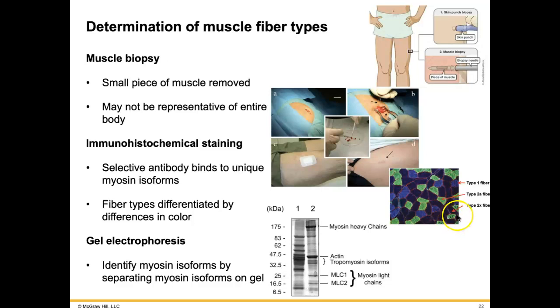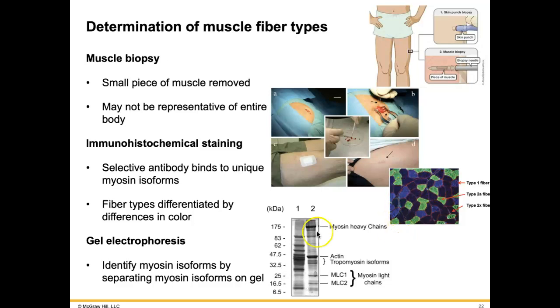And then the darkest blue here is going to be our type 2X fibers, which are going to be the fast glycolytic muscle fibers. And then we've got the lighter blue, which are representing our type 1 fibers. Those would be our slow twitch muscle fibers.